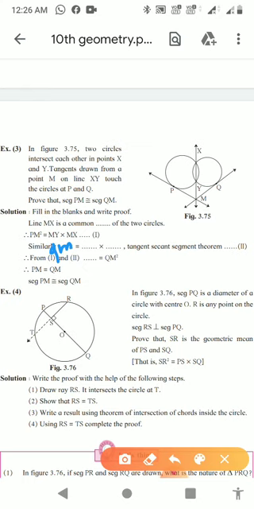I cannot write it here because space is not available, so I will use this space here to complete this line: QM square equals MY into MX, isn't it? Because the reason is already there, tangent secant segment theorem. This is a tangent, and MY and MX are the parts of the secant. So I can write this as equation number 2.